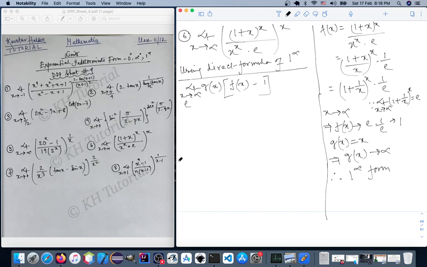Okay, this is e to the power, gx is x and fx is (1 plus 1 by x) to the power x, 1 by e, minus 1.